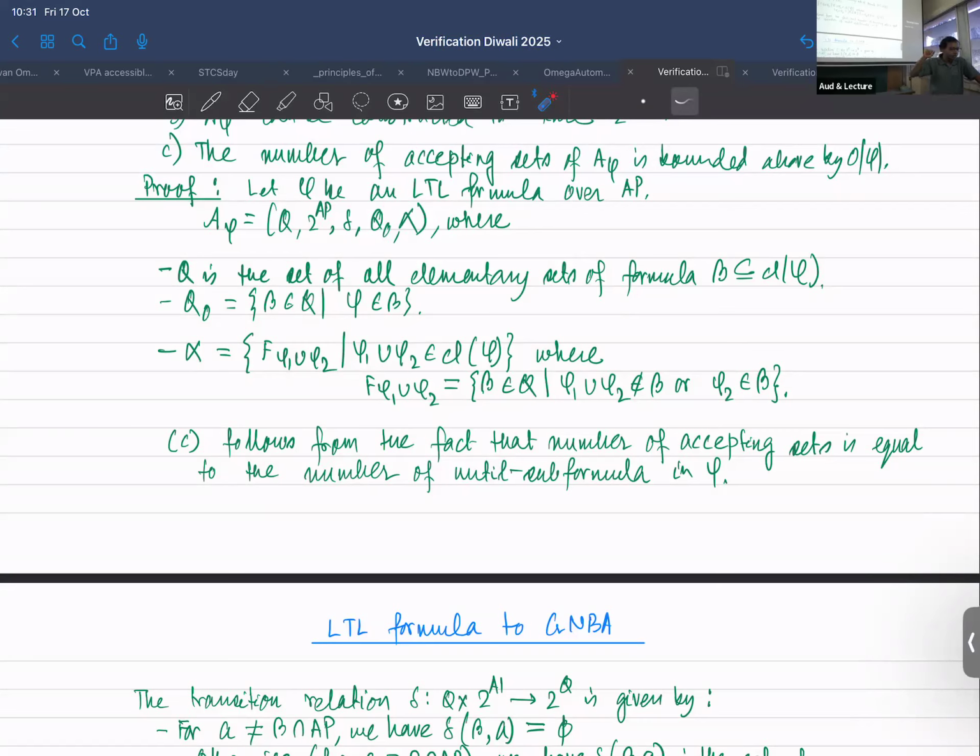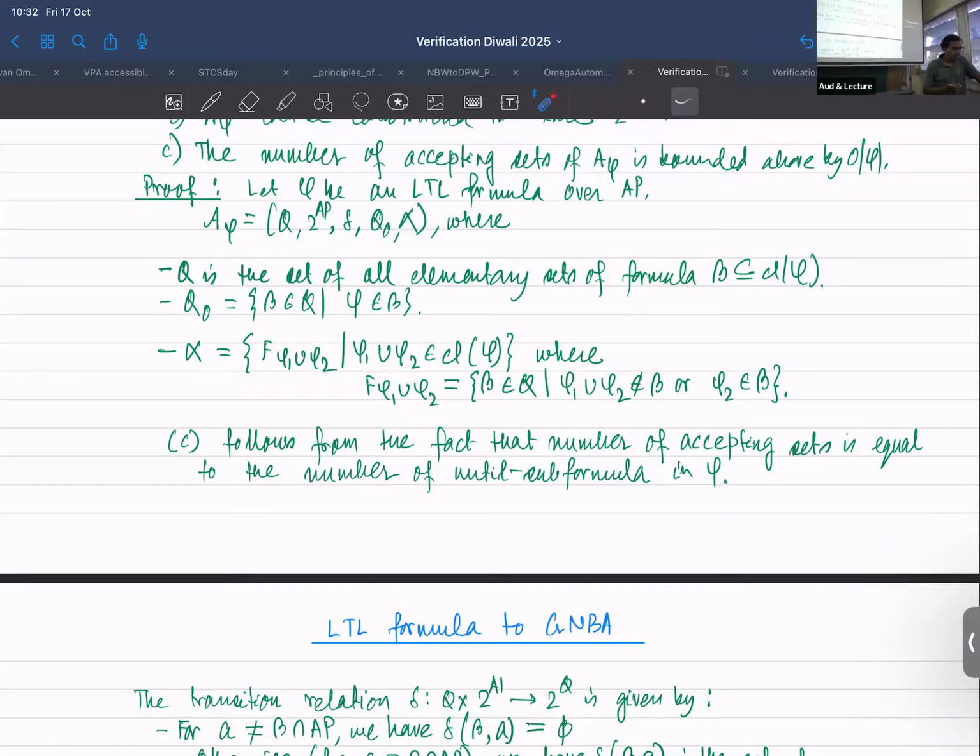This one set corresponding to one until formula, which I am calling F subscript phi1 until phi2, is the set of elementary sets where phi1 until phi2 does not appear, or phi2 belongs to that elementary set.